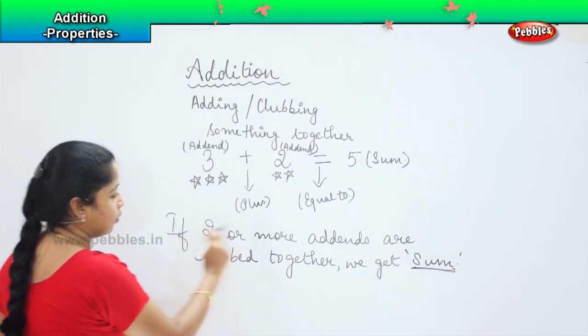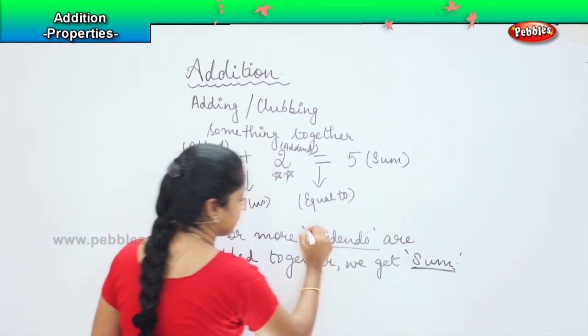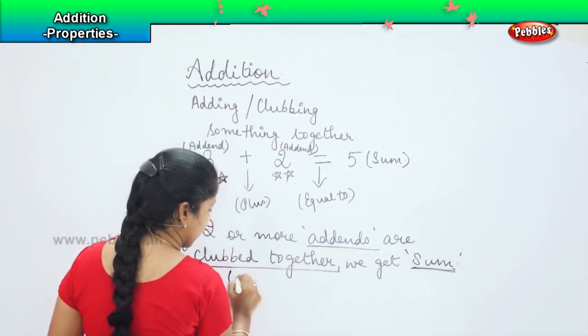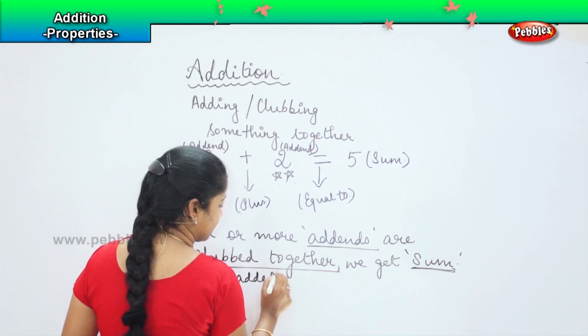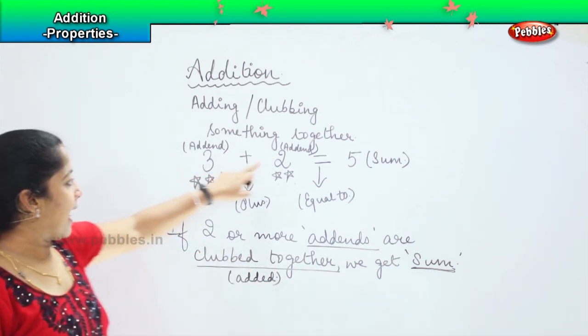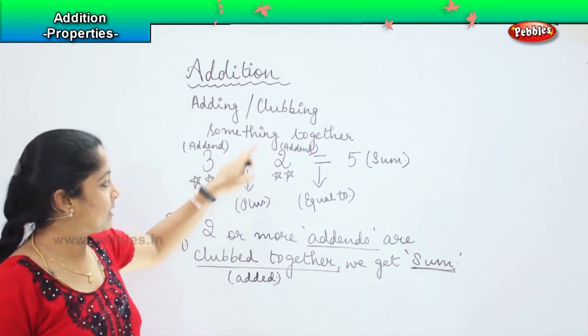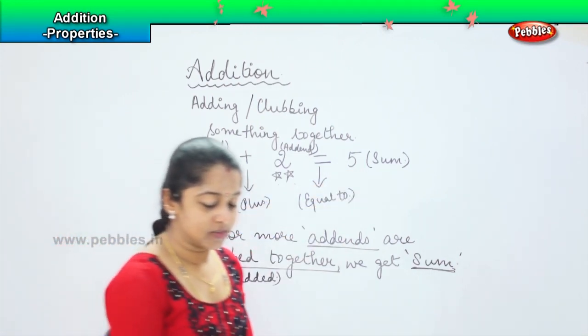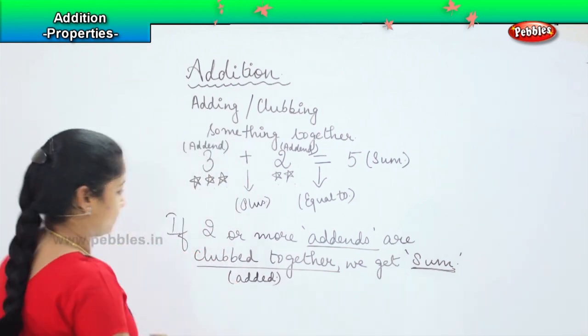Okay, so if 2 or more addends are clubbed together, meaning added, so when I add 2 or more addends, I will be getting my sum. Okay, so this is called addition.